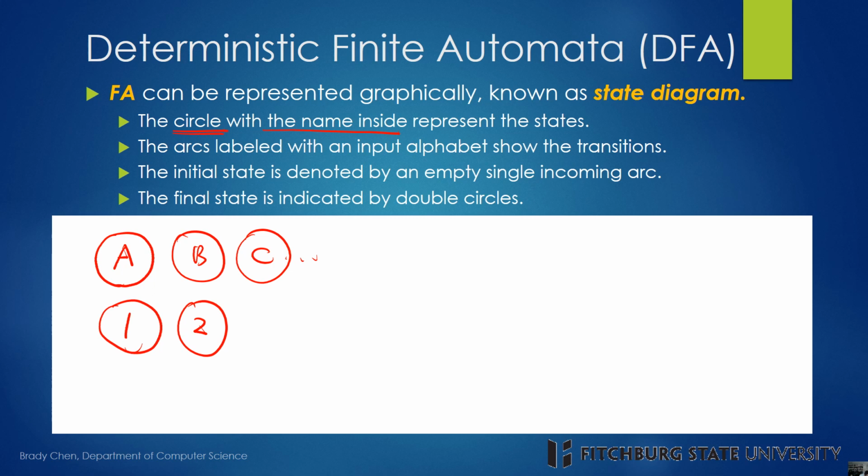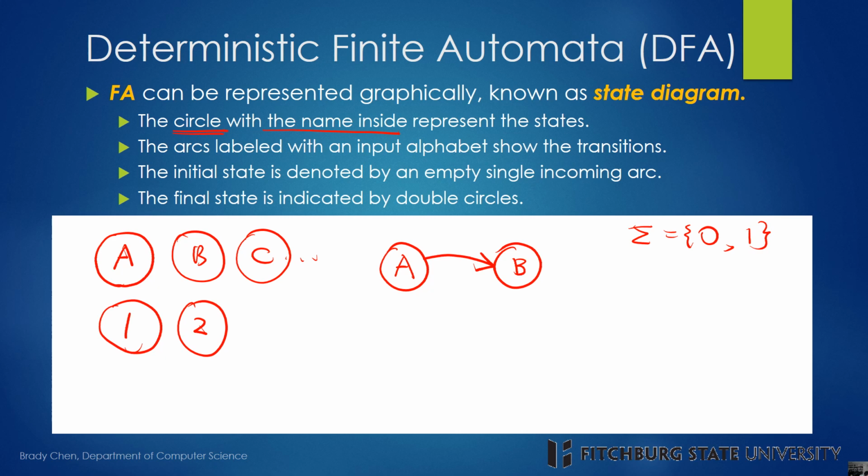Now the arcs labeled with the input alphabet show the transition. So if we define, say, here's state A and here's state B, two states, then that's the arc labeled with the input alphabet. Supposedly the alphabet we use is 1, 2, right? If we define the set of symbols, which is 0 and 1. I'm sorry, it's not 1, 2, it's 0 and 1.